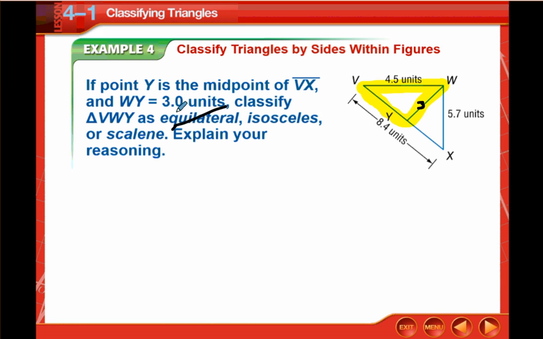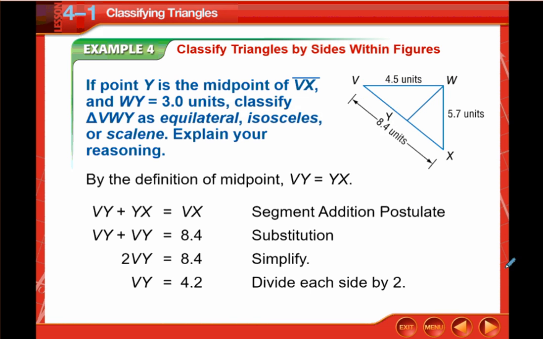The fact that Y is the midpoint of segment VX, though, we know that midpoints divide segments in half. They divide it into two congruent segments. On the diagram, we can see that segment VX is 8.4 units. So segment VY must be half of that length, which would be 4.2 units. Well, so that if this is 4.2 units, and this is 3 units, and this is 4.5 units, no three of those sides are congruent to each other.